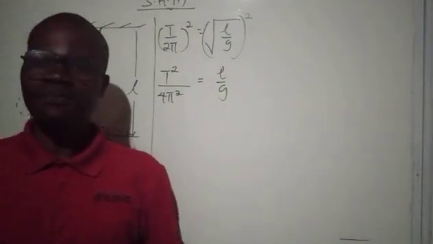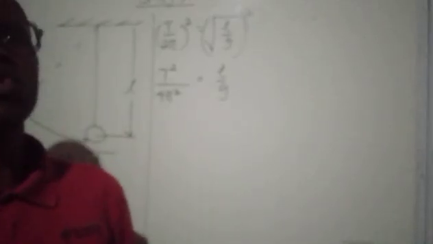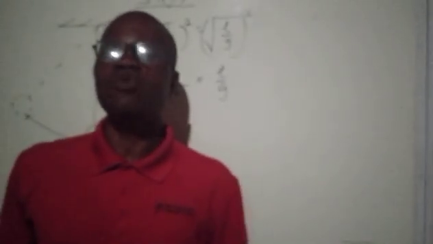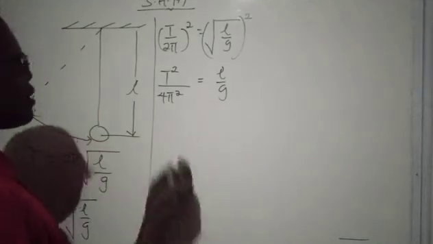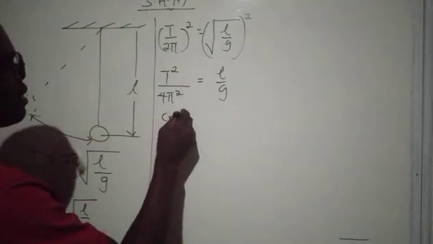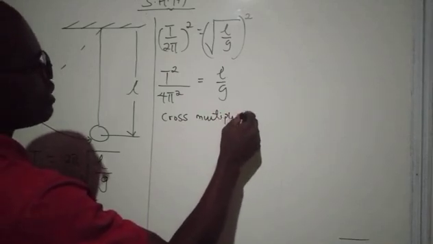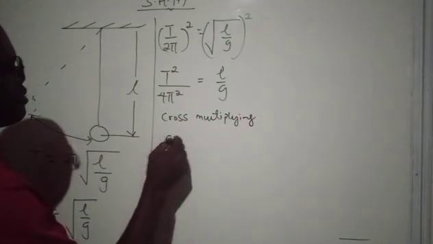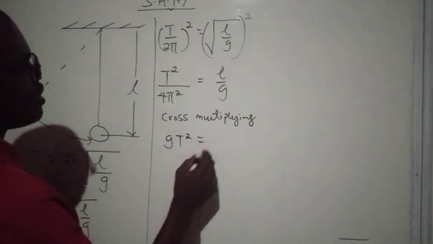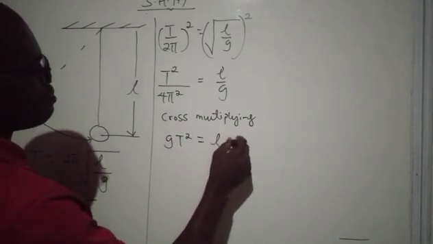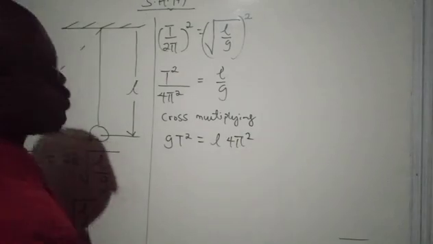Now we can make the subject of the formula to be L, and in that case we are going to cross multiplying, we have g multiplied by T squared will be L multiplied by 4 pi squared.